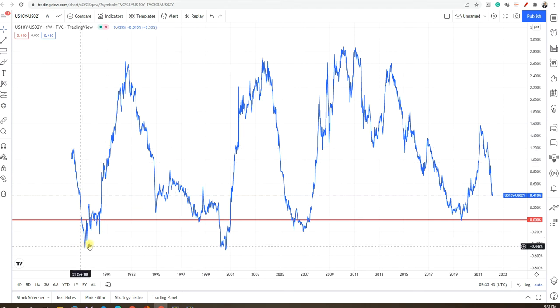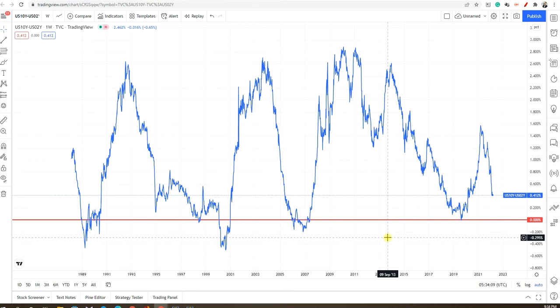So you can see here we have the beginning of the 90s bear market, the year 2000 bear market, the 2007 bear market. Every single time this yield curve goes below zero, it gives us a signal for a potential bear market coming in the next 8 to 18 months.